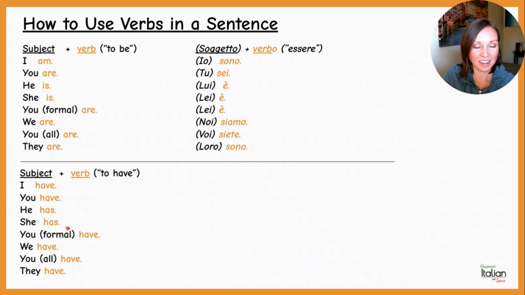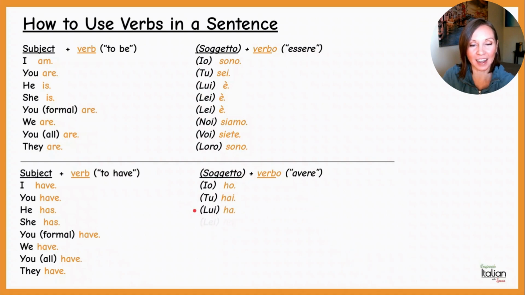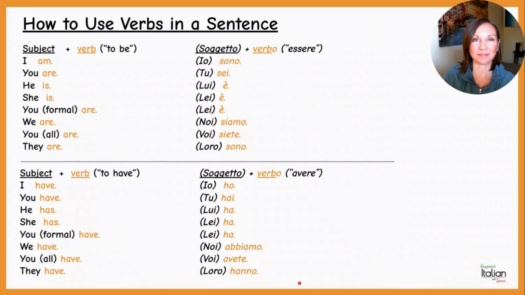And then in Italian, we have io ho, tu hai, lui ha, lei ha, lei ha, noi abbiamo, voi avete, and loro hanno. Once again, we have our subject pronoun and then our verb after. So that's a very, very simple way to use a verb in a sentence.